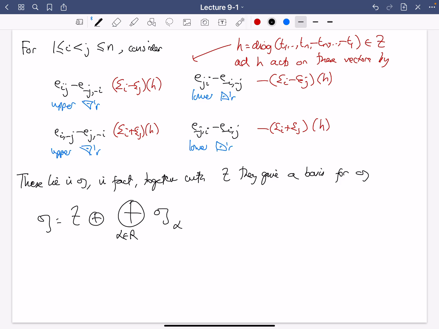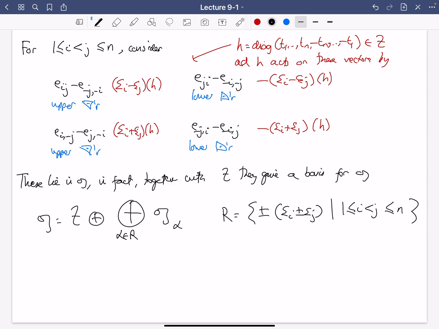So you get this decomposition of G as this toral subalgebra and then a collection of root spaces with respect to that toral subalgebra, where the set of roots R is exactly this set, plus or minus epsilon i plus or minus epsilon j for 1 less than or equal to i less than j less than or equal to n.